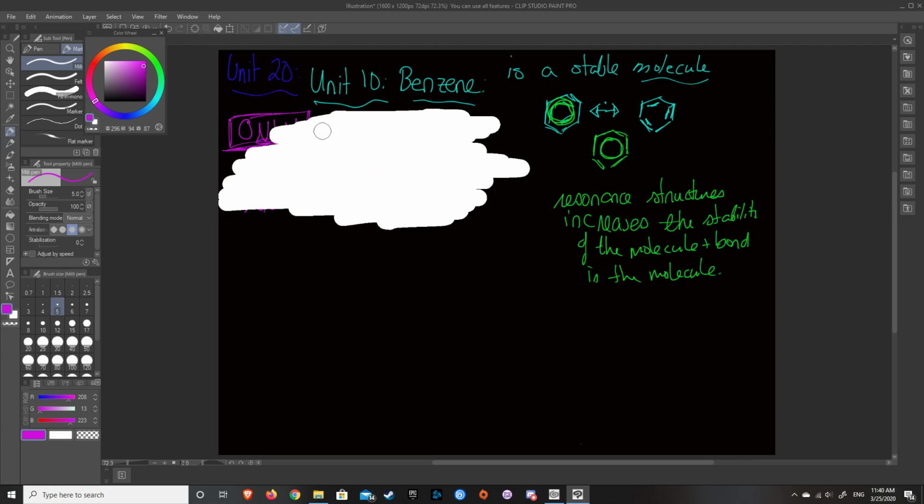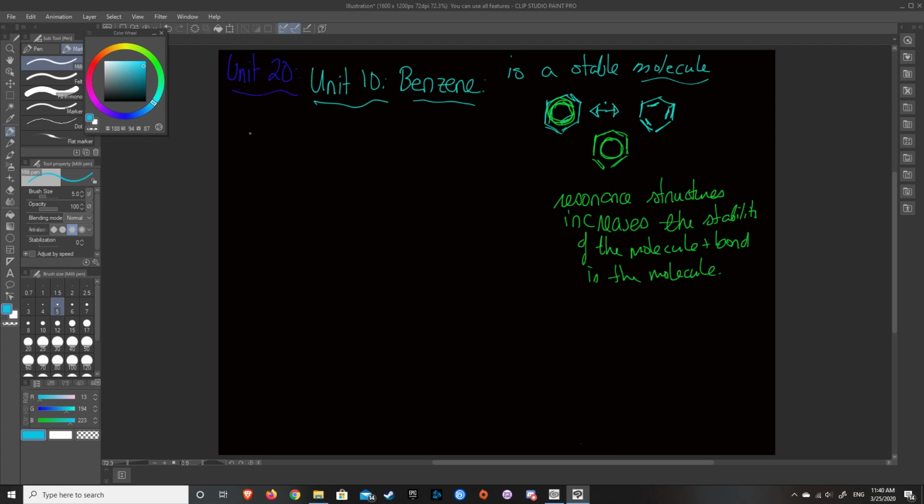So what we're going to call it, let me just erase this part. It's the nitration of benzene. For the nitration of benzene, we need a very good electrophile.